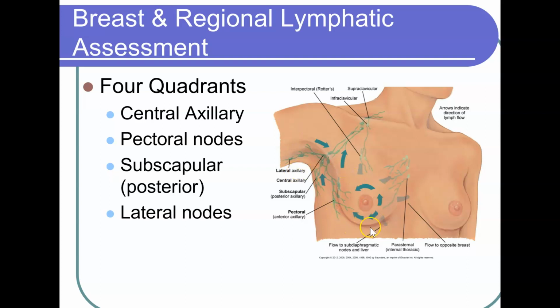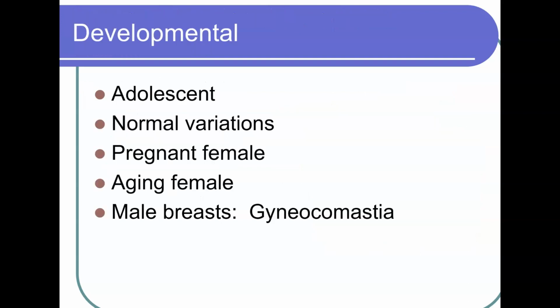So that's why it's so important to check, so that if you do catch any type of breast cancer or something, it's best to catch it as soon as possible. Okay, so as far as developmentally, they have a lot of little different things you could talk about.